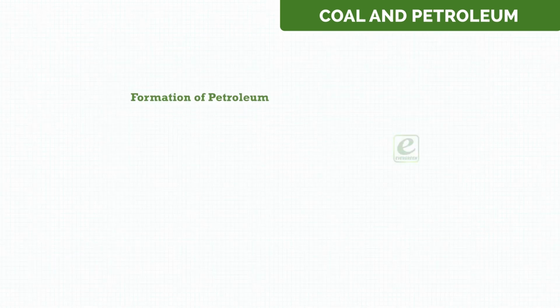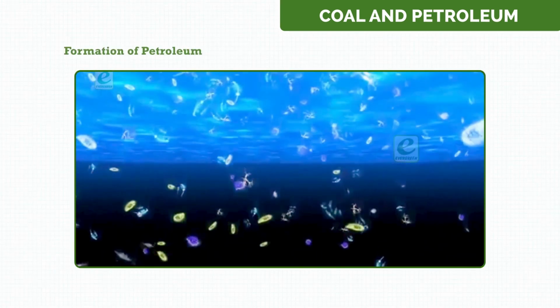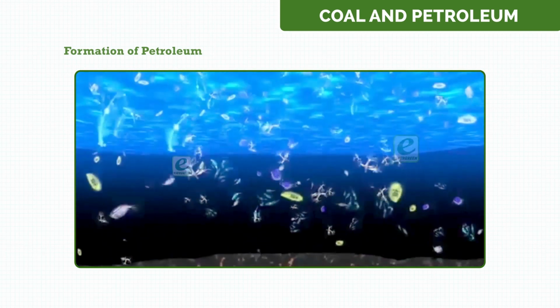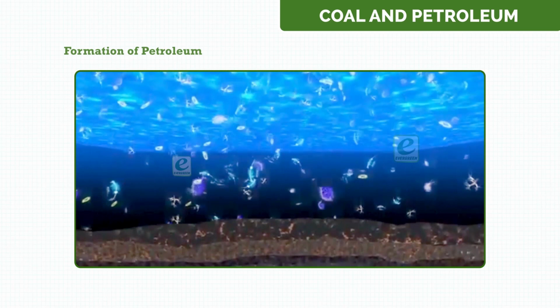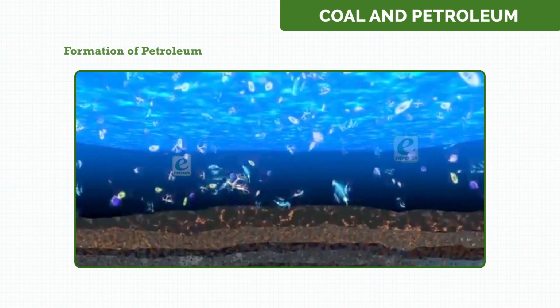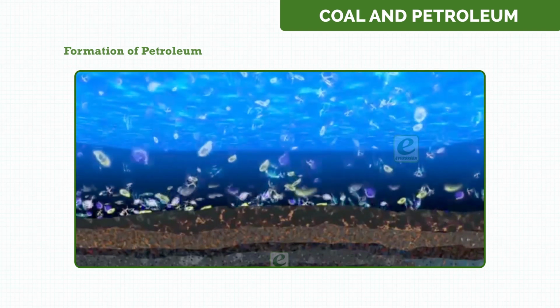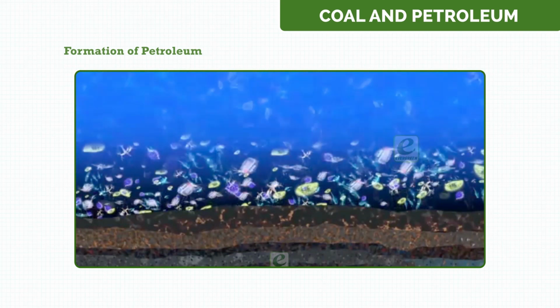Formation of petroleum. It is believed that petroleum is formed from the remains of microorganisms and tiny plants living in the sea. Millions of years ago, when these organisms died, their remains sank to the bottom of the sea and got covered with sand and clay.